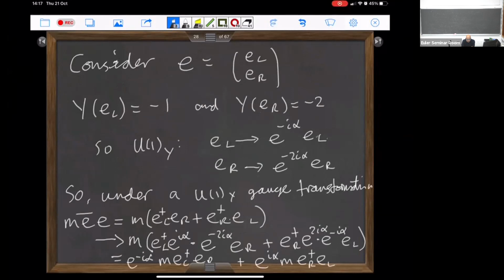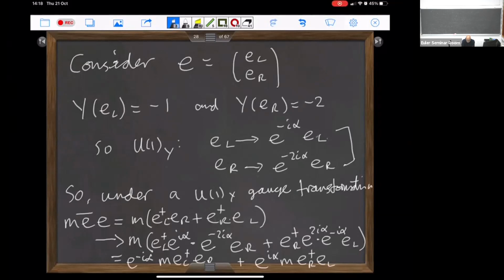So let's consider an actual example from the standard model. Let's consider the left and right-handed components of the electron and consider the U1 transformation to be hypercharge. Well, the left-handed electron has hypercharge -1, whereas the right-handed electron has hypercharge -2, which is reflected in these two gauge transformation rules.